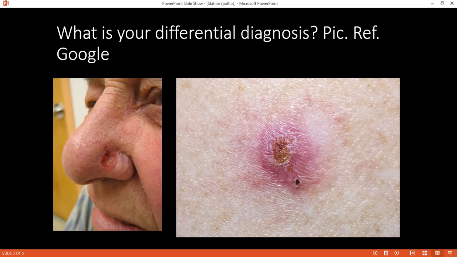How big is it? It appears around 1 centimeter, and the margins are regular with telangiectasia. Can you tell why the surrounding skin is red? It's due to dilatation of the subepidermal vessels, telangiectasia.